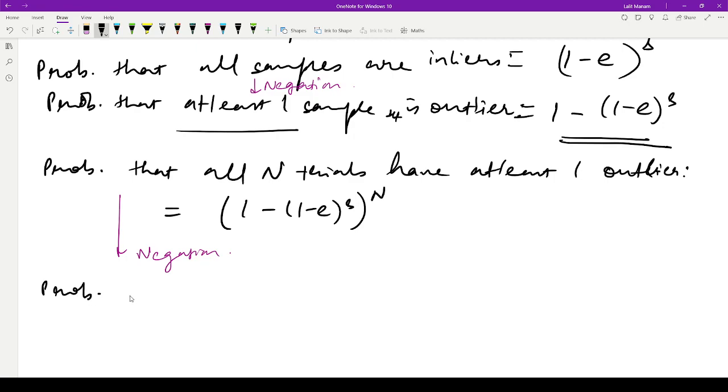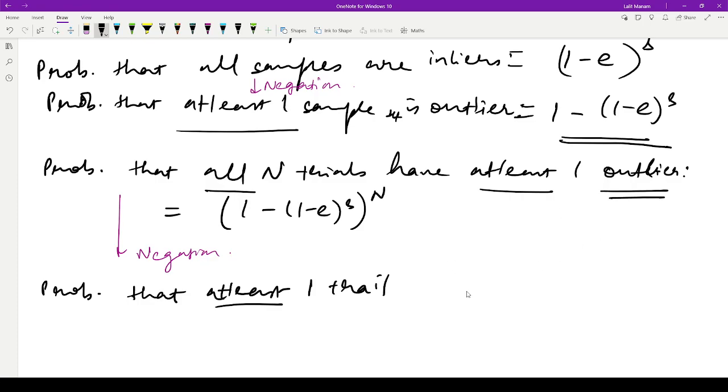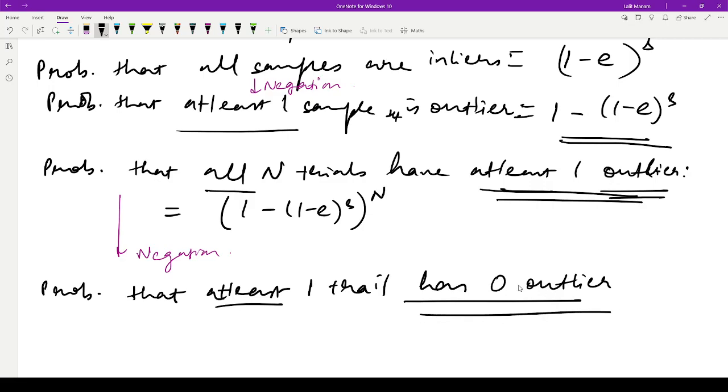All n trials have at least one outlier; if you negate it, we want that at least one trial is not corrupted, meaning at least one trial has zero outliers.